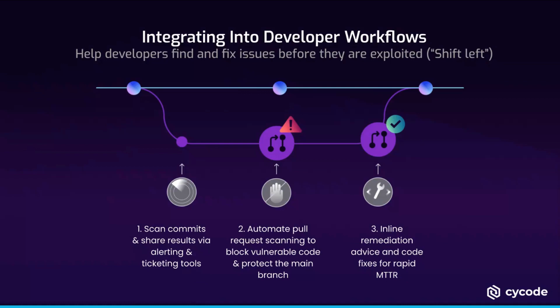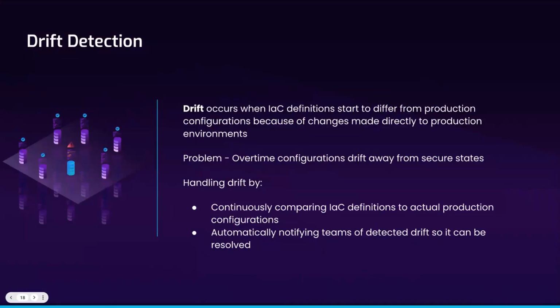Two, block the code if you think it's worthwhile and protect the main branch and so the production. And three, provide remediation advice and code fixes so your developers can actually fix the issues, fix the misconfiguration, and continue onward with the development and the integration phase.